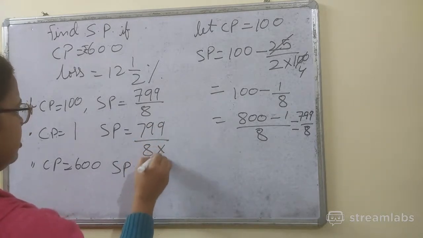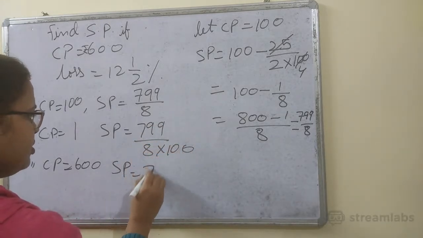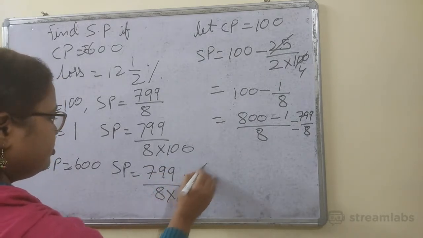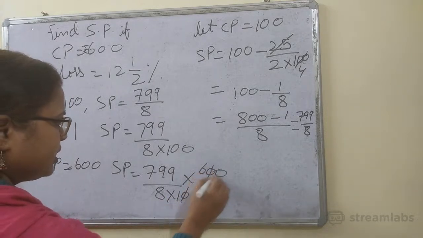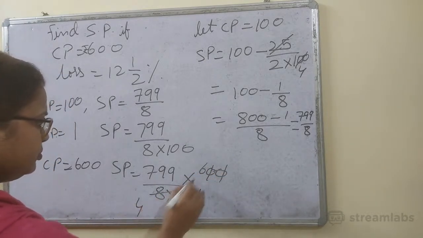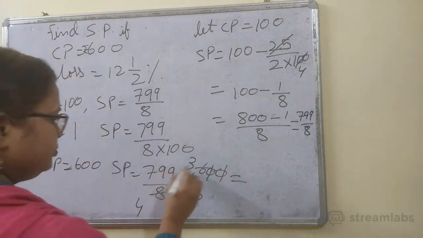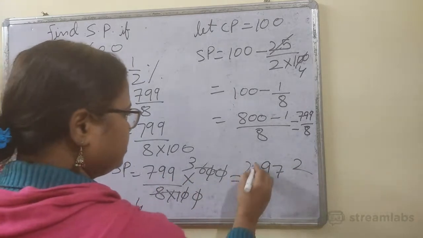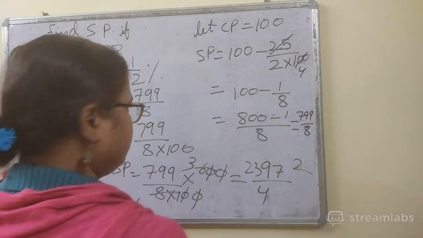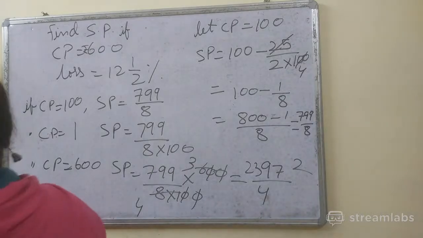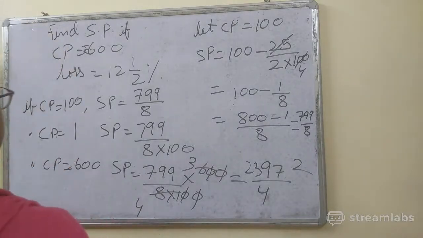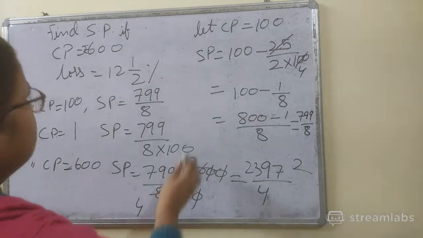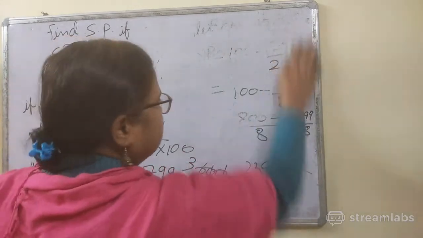If CP is 1, then SP will be equal to 799 by 8 into 100. And then SP will be 799 by this into 600. Cancel. So now it is divided. Where there is no place, I am going to write this one.